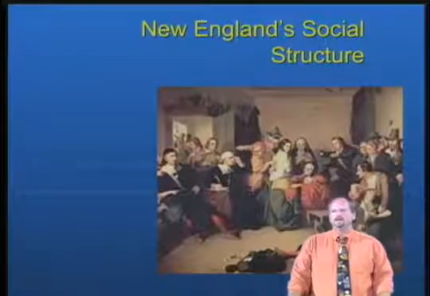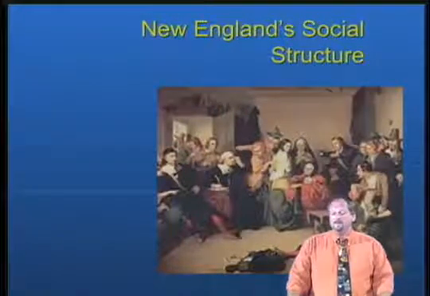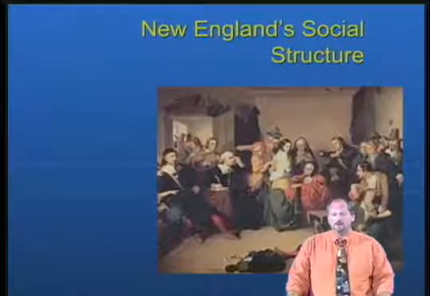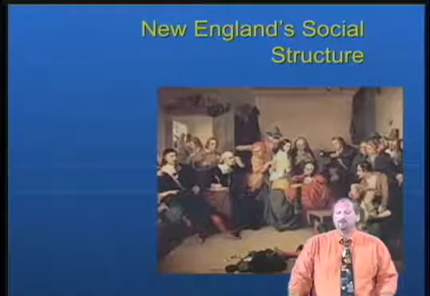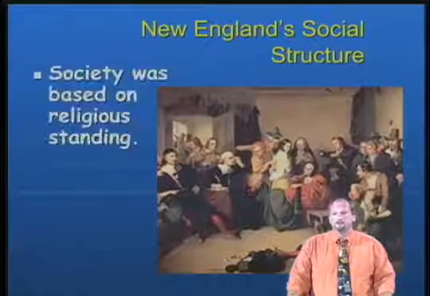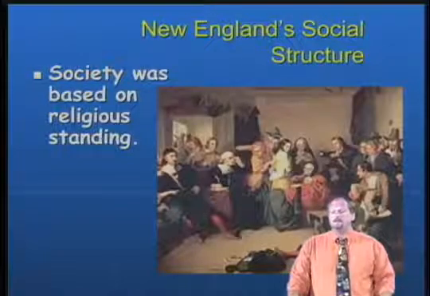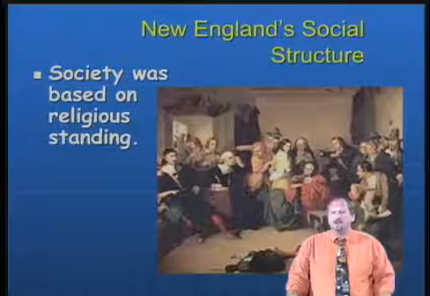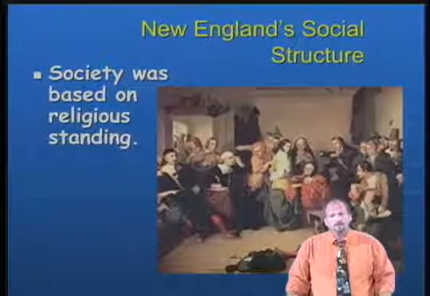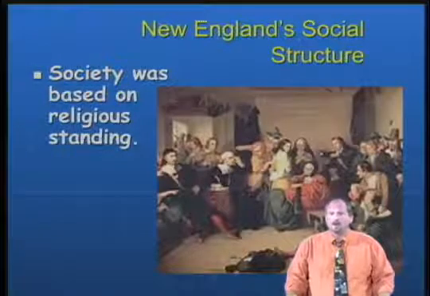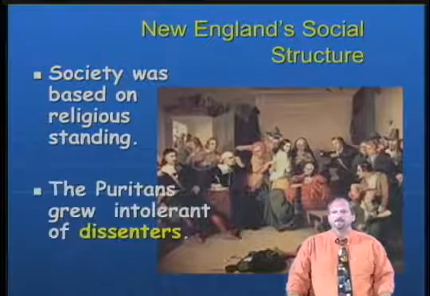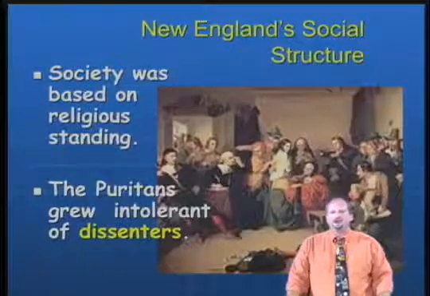When it came to New England's social structure, we've already mentioned that New England was settled by the Puritans who sought freedom from religious persecution. And therefore, their society was going to be based on religious standing. The higher you were in the church community, the higher you were in the community. The Puritans were intolerant.